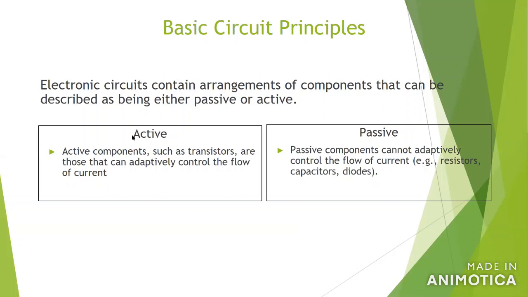For active components, we have transistors, because they can adaptively control the flow of current. Passive components cannot control the flow of current. So for active components we have transistors, and for passive components we have resistors, capacitors, and diodes.